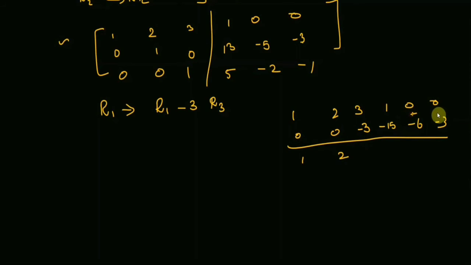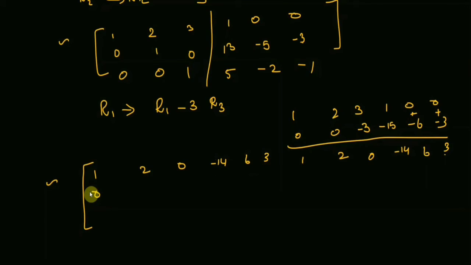This will become plus 6 and plus 3. So 0, minus 14, 6 and 3. So that is your row 1. So row 1 is now 1, 2, 0, minus 14, 6, 3.